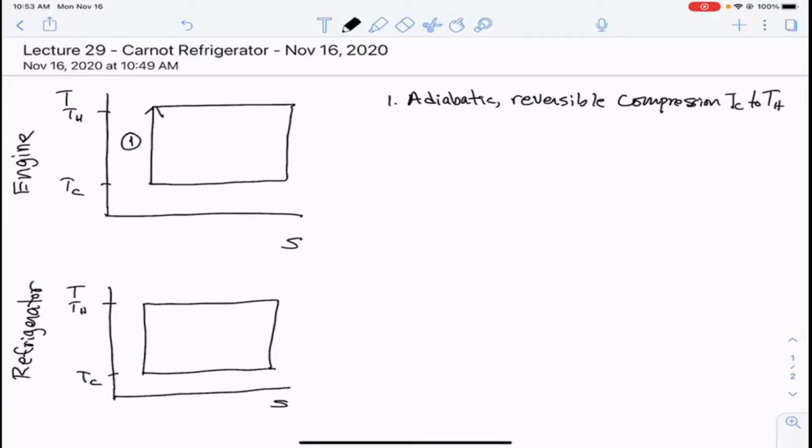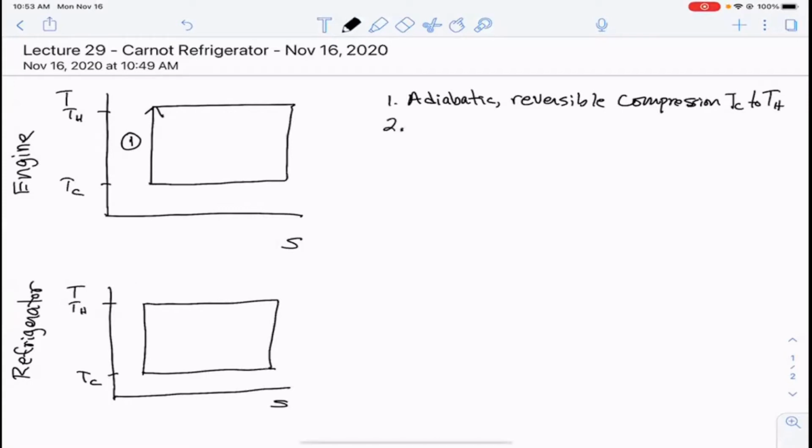And the reason that we did this compression from T cold to T hot was that then we were going to theoretically move our system to be in contact with T hot. So we were going to take in heat into the system from the surroundings in that step.